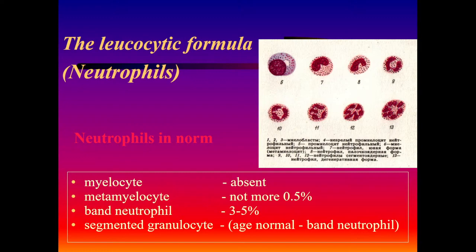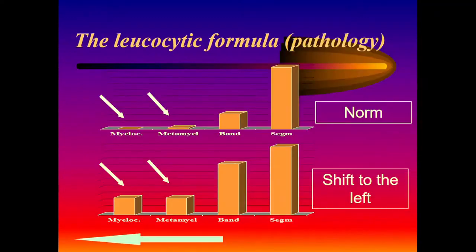If the number of myelocytes, metamyelocytes, and band neutrophils increases, this phenomenon is named shift to left.